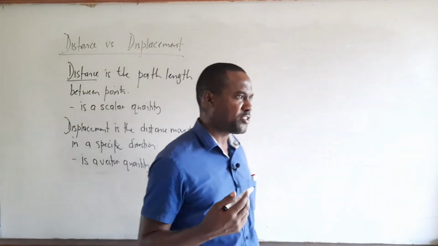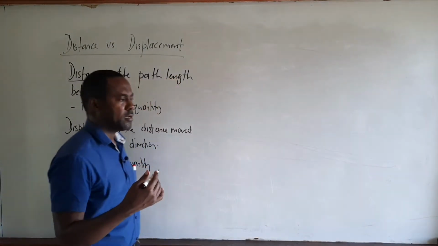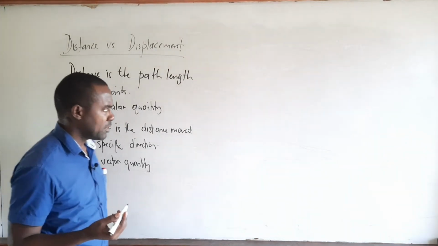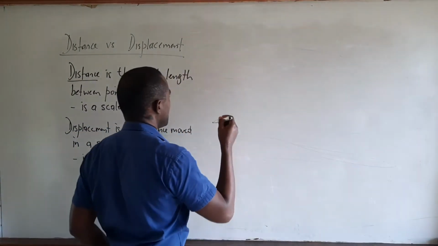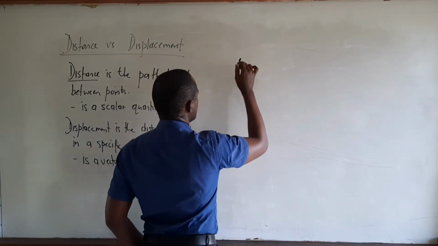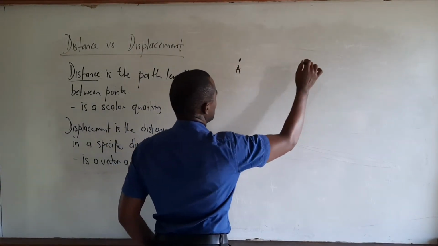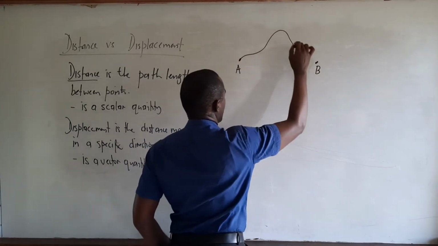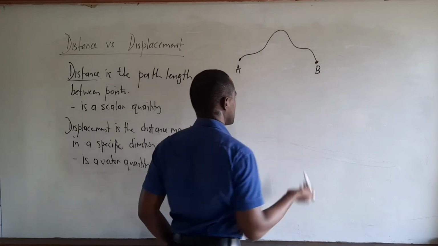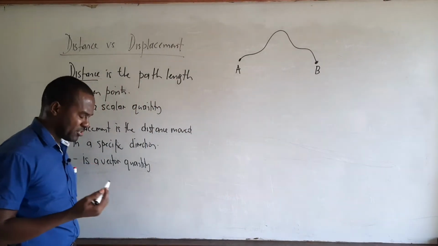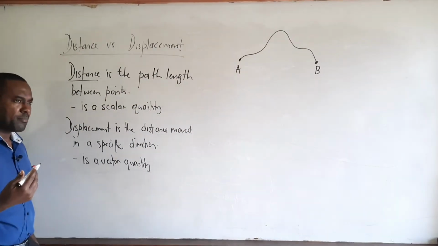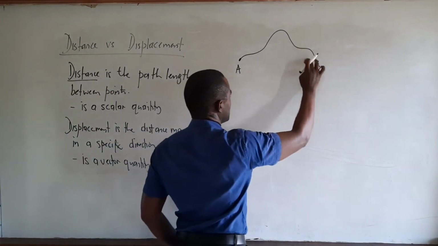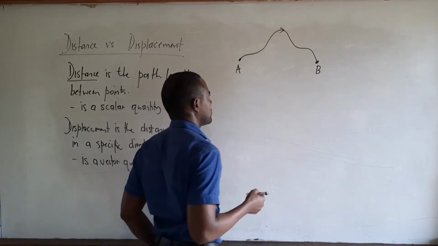Now, to illustrate the difference between the two, let's look at a case of traveling a path. Let's say an individual walks from point A to point B along a path that looks like this, right? So the person travels from point A to point B along this path, in that direction, right?